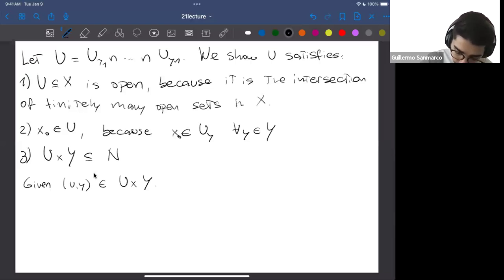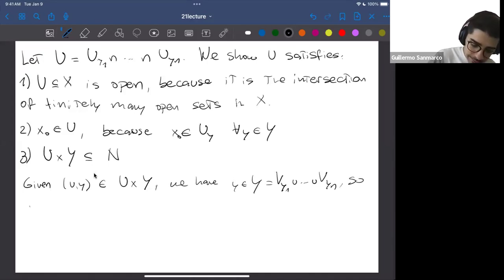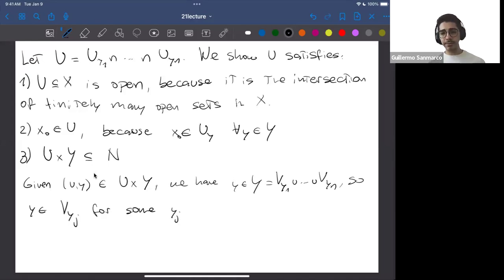So in this case, what we have is that y lives in Y, which is the union of the V's, finitely many V's. So we can be sure that y lives in one of the V's, V_yj for some yj, of the ones that I fixed before.